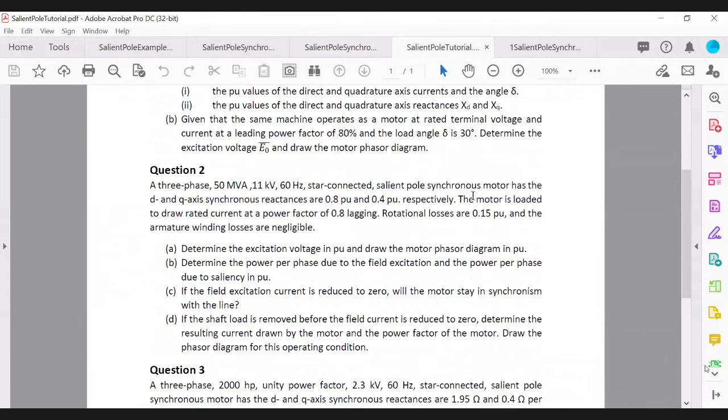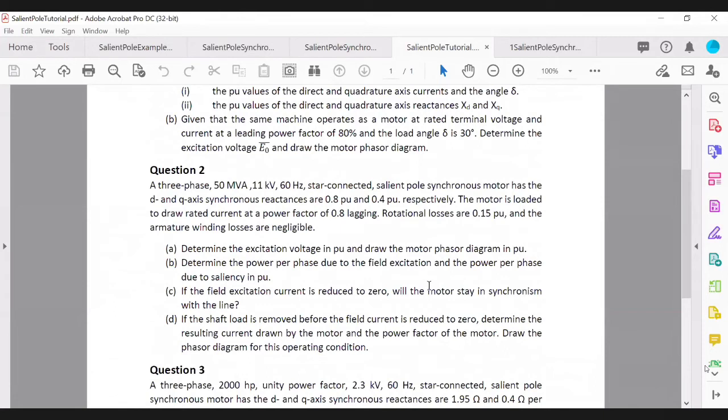And you've been given the rotational losses, and from there you're asked to work out the excitation voltage and draw the phasor diagram, and then you will be required to work out the power per phase due to the field and also due to the saliency.